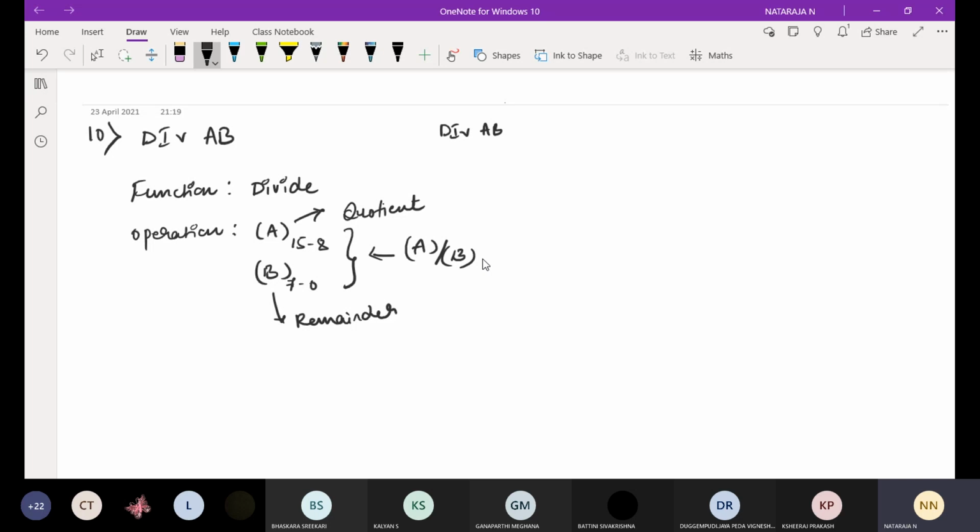I will repeat: it divides the unsigned 8-bit integer content of accumulator by the unsigned 8-bit integer content of B register.